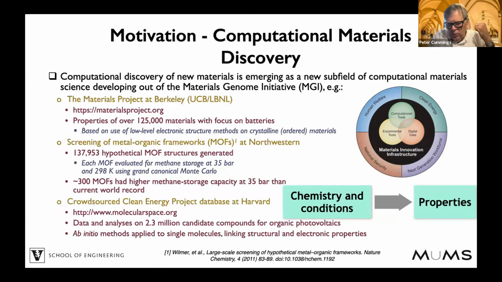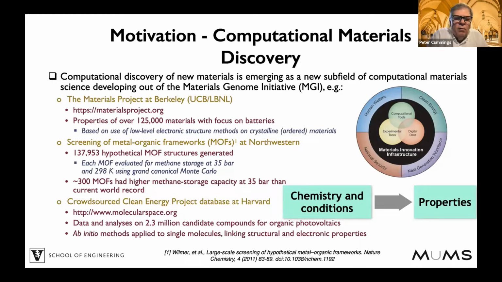In the first case, using low-level electronic structure methods with the goal of identifying materials that are useful as electrodes in batteries. In the case of MoSDeF, it involved doing Monte Carlo simulations on many hypothetical MoSDeF structures, but the structures themselves, the ones that are essentially being screened, are hard materials.